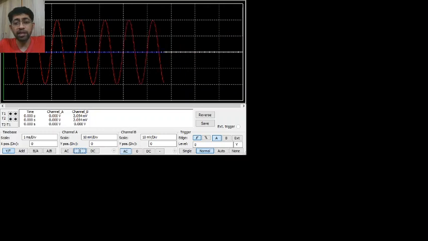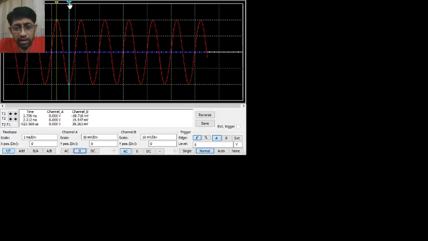If I pause it and set these cursors, you have to observe that this value must be maximized. You have to put your two cursors such that one is at the top and another at the bottom of this sine wave, so that you get the maximum difference, and that is your peak to peak.